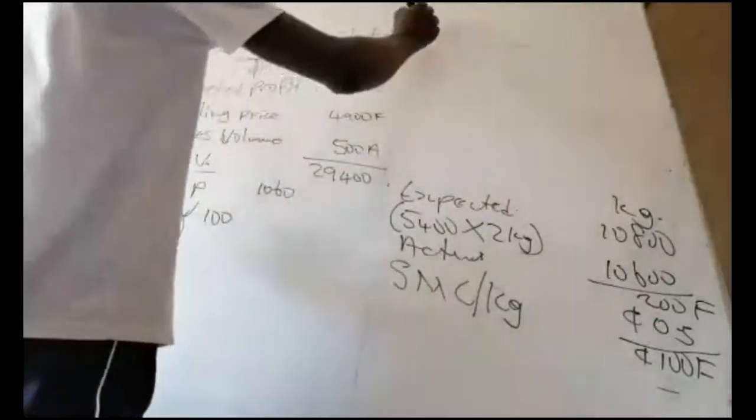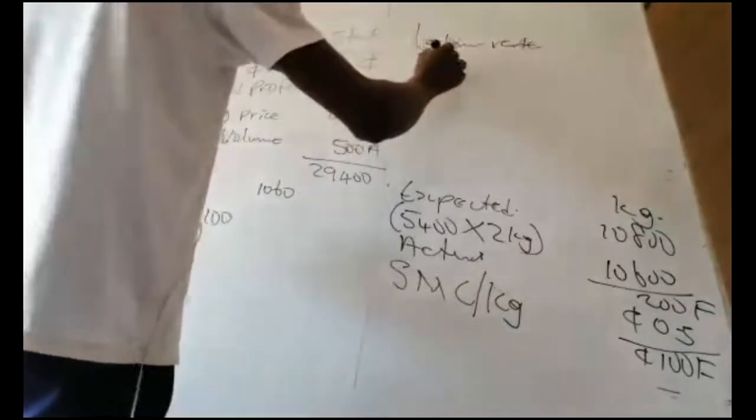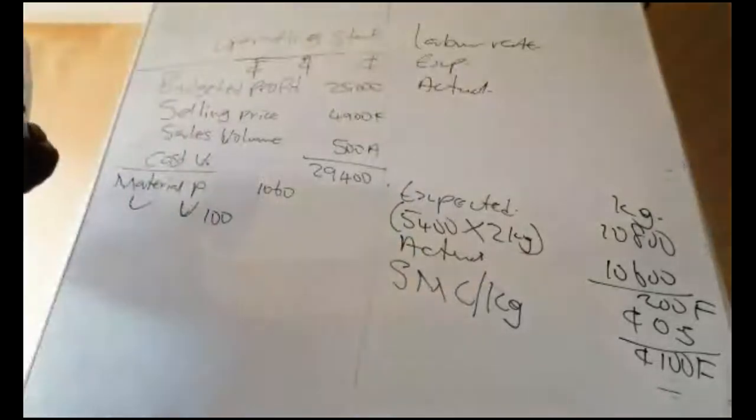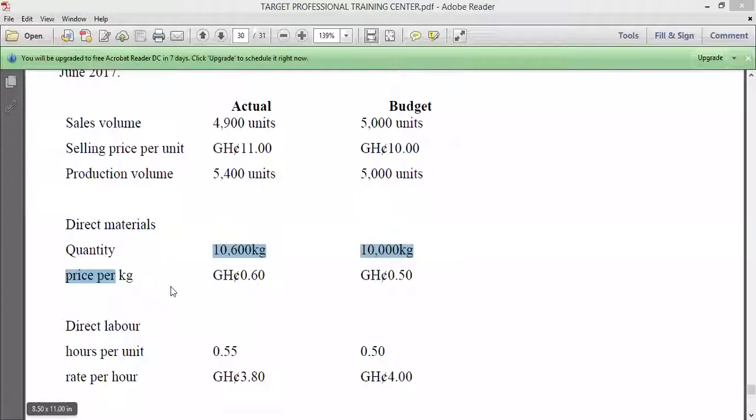So for labor rates, expected and actual. Let's see the expected. You pick the actual hours valued at the standard rate. So the actual hours worked, they spend 0.55 hours.